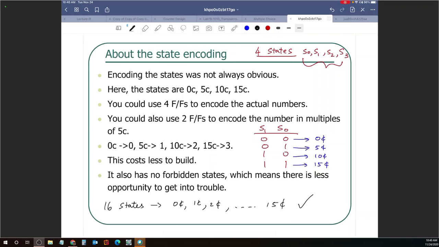And if they do, they would not only have a more complex and costly design, they would also need to deal with many unused states. Clearly, we are only using 4 states. The rest of the 12 states are not being used. So you could do it, but it results in a lot more states and a complex design.